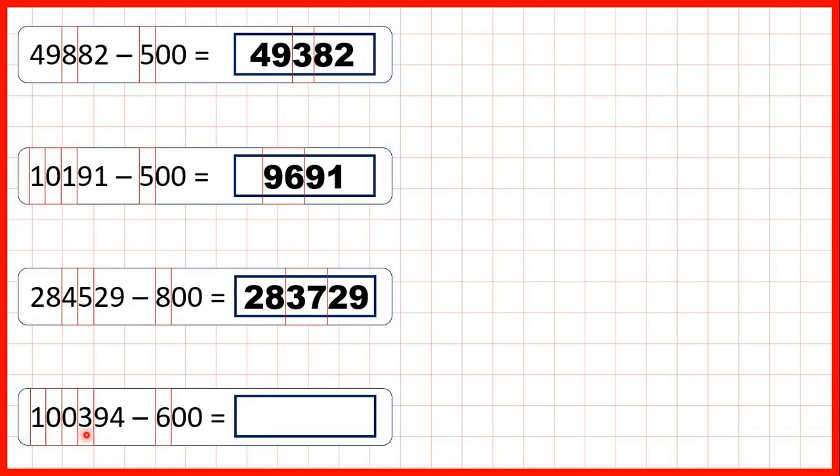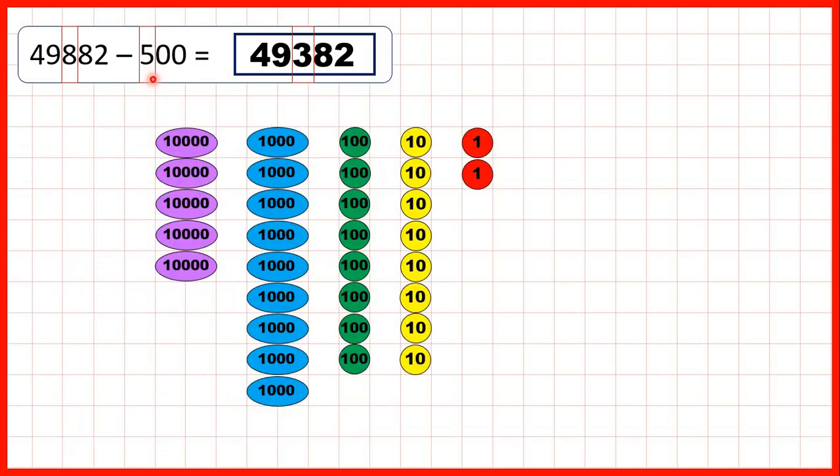That's 997. So our answer is 99,794, because 1003 minus 6 is 997, and then the 9 in our tens and 4 in our ones stay the same.